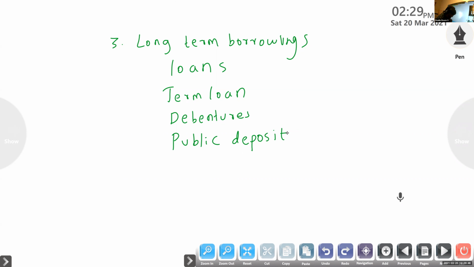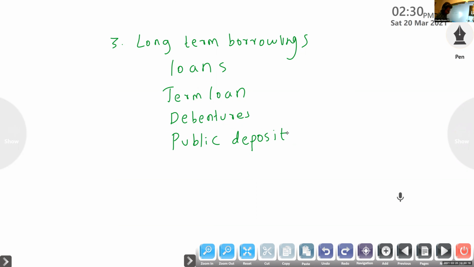So next under the format, the next main item: long-term borrowings. Next deferred tax liability, no problem. Other long-term liabilities. Normally it is not asked, but if it is given, you have to understand.